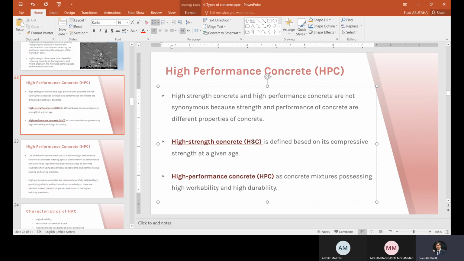So you need to understand this. Again, all high strength concrete is durable concrete, but not all durable concrete has a high compressive strength.